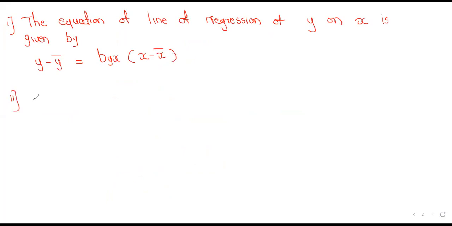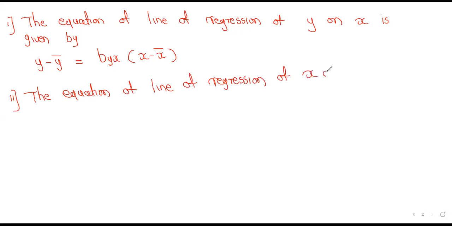And the second one is the equation of line of regression of x on y, which is given by x minus x bar is equal to bxy into y minus y bar.